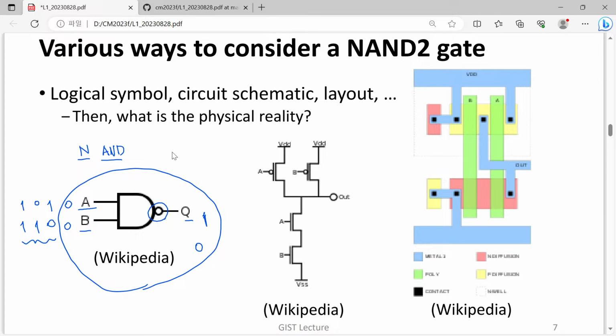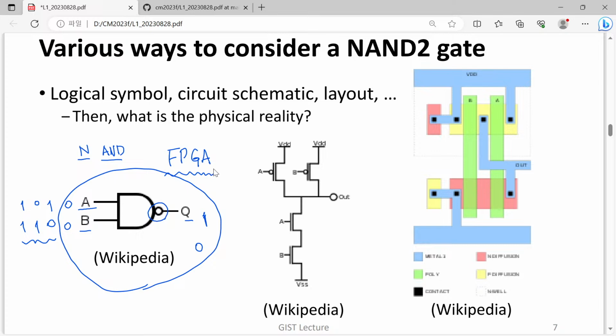And for example, you may have heard about something like this FPGA. This is a system to build a certain logical system in-field.